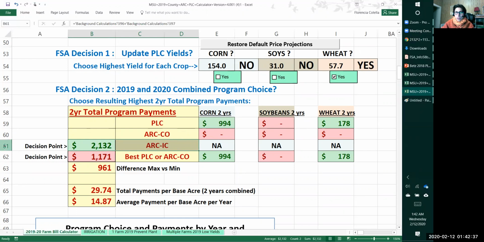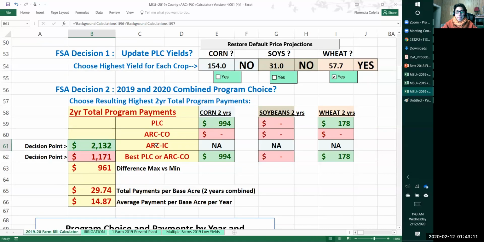If you have two farms like this, and a third farm where you would not really qualify for ARC IC or would not really get a good payment through ARC IC, it's important that you know that all of the farms that you sign up for in the ARC IC program get lumped together. And as you may have noticed, the ARC IC program pays a lot more than other programs.